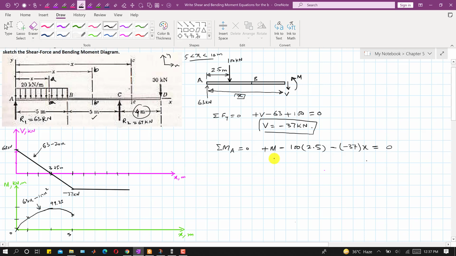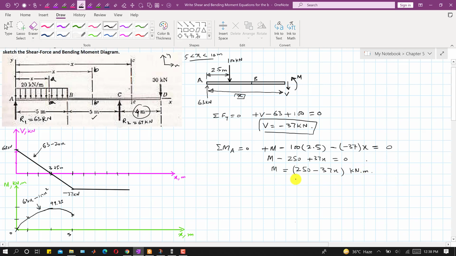So from this we can write that minus 250 plus 37x equals 0, or we can say that the moment is 250 minus 37x, and the unit of this moment is also in kilonewton meters, right?